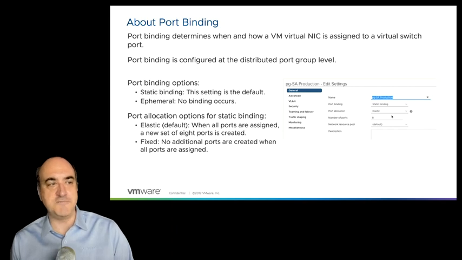If you had chosen fixed, on the other hand, now the admin will have to actually add the port to the port group in order for the VM to be assigned to the port group. This puts some control in deciding how ports will be assigned. But in the era of self-service, being able to add virtual machines to the network from, say, a self-service portal, having an elastic port group is actually the best practice, and it is actually the default setting.